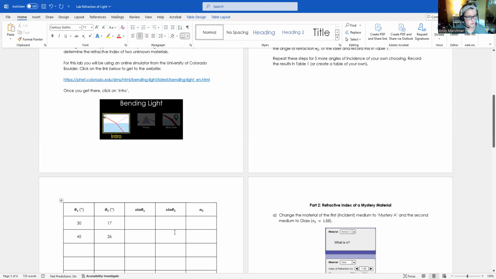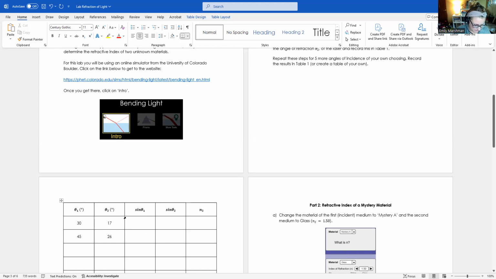Now I'm going to apply Snell's law for this, and to do that, I need to find the sine of the angles, because Snell's law takes the sine of the angles. So sine of theta 1, I'm going to plug that into my calculator, and make sure you're in degree mode, because we're dealing with degrees here.